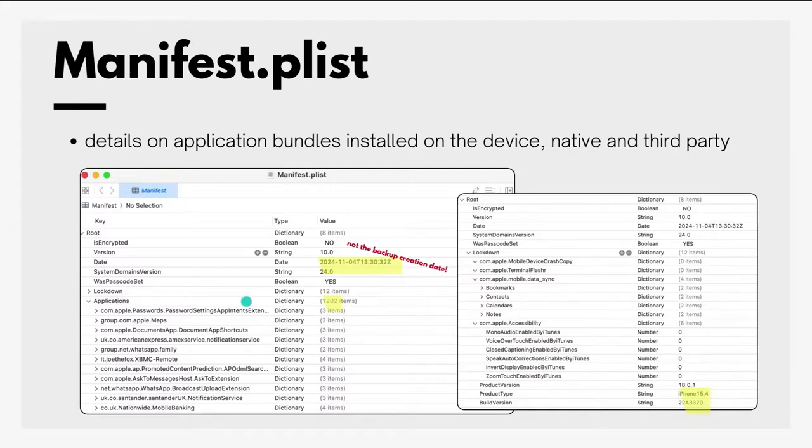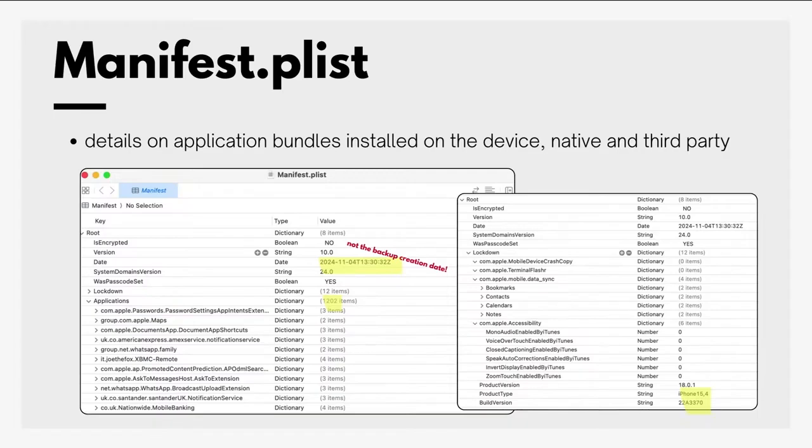So these ones will be all sorts of not only the kind of installed application bundles, but all sorts of native things as well. So depending on what you're looking at, what you're looking for, maybe this is what you're more interested in. But if you're just looking for a list of applications that are installed, then I would probably go with info.plist first for that.